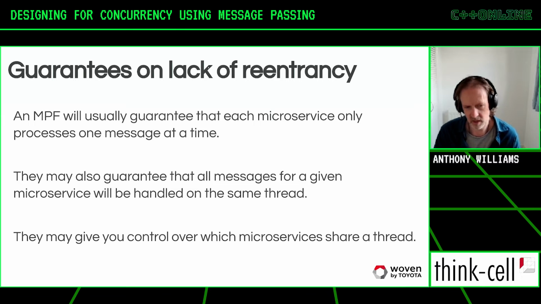So that might be something that you need to look at. There is whether they can run on the same thread, or whether they are required to potentially run concurrently, in which case they need to run potentially on separate threads.